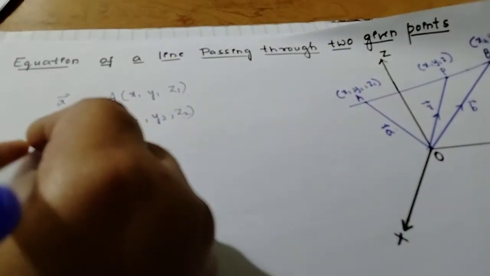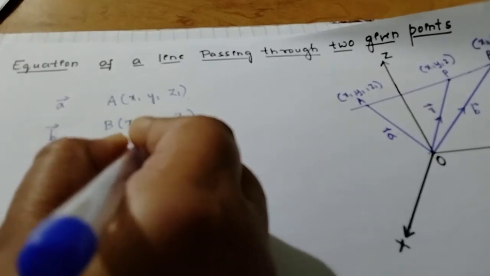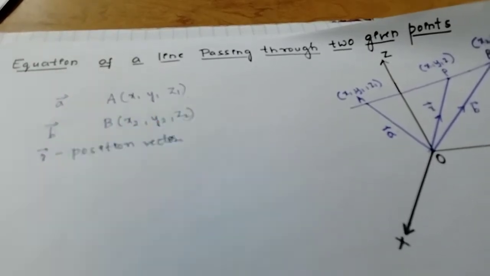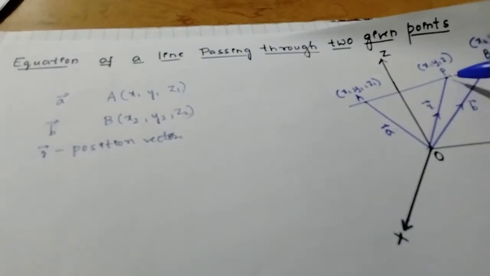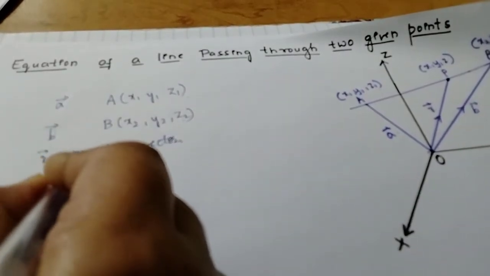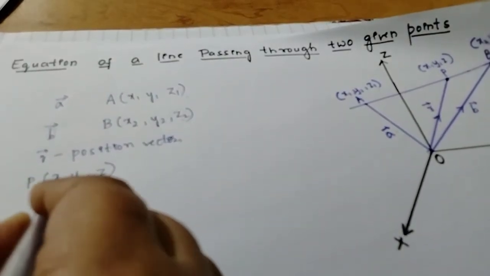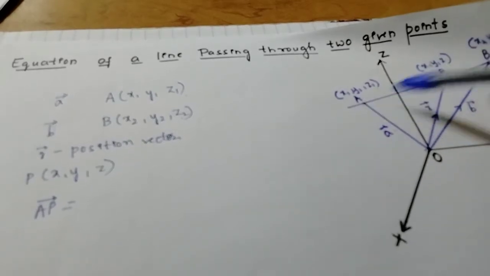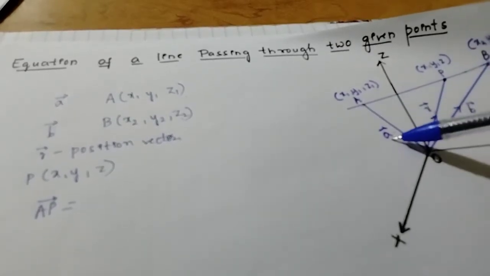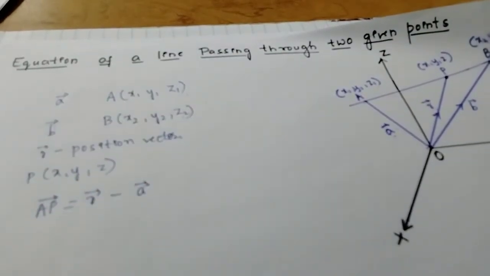That position vector I have represented by R. R is the position vector of the point P, with coordinates X, Y, Z. Now we know that P is a point on the line if and only if AP, which is the distance from A to P, will be equal to R minus A.